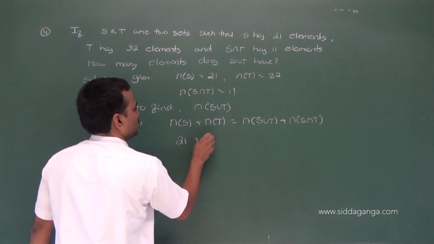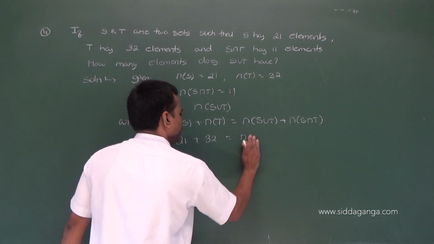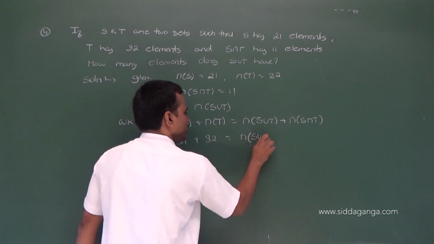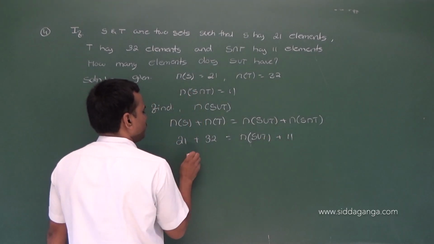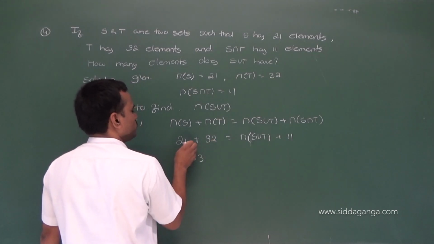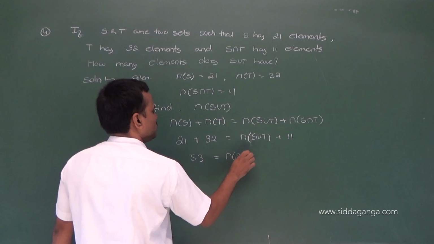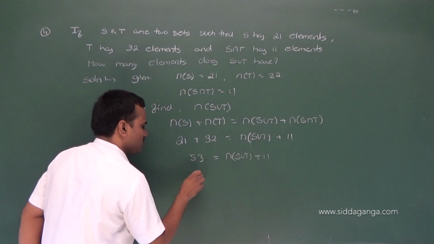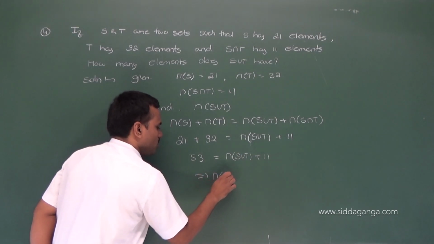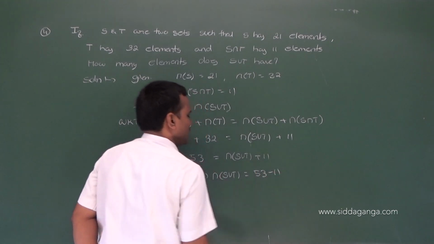21 plus 32 is equal to N of S union T plus 11. So this is how much? 53, correct? N of S union T plus 11. I shift plus 11 from the right side to the left side. That implies N of S union T is equal to 53 minus 11.